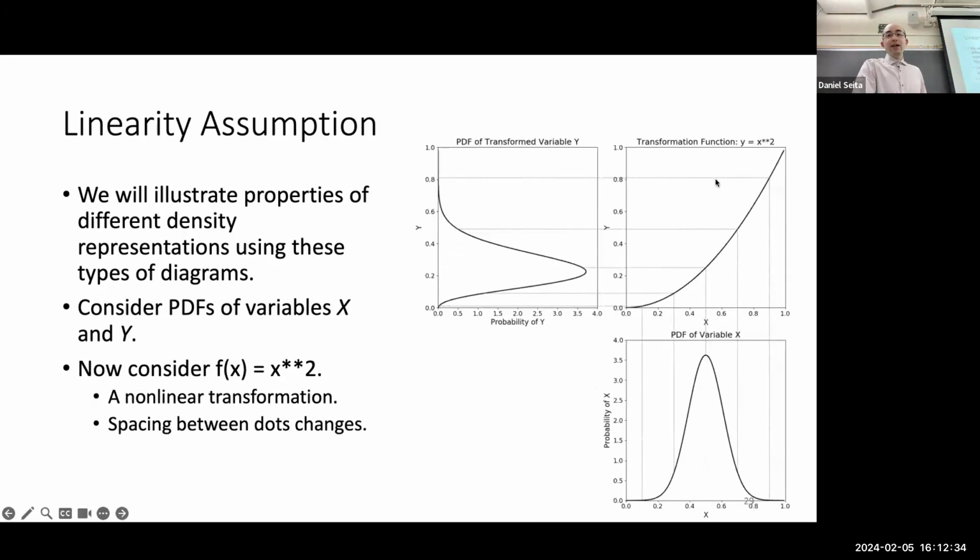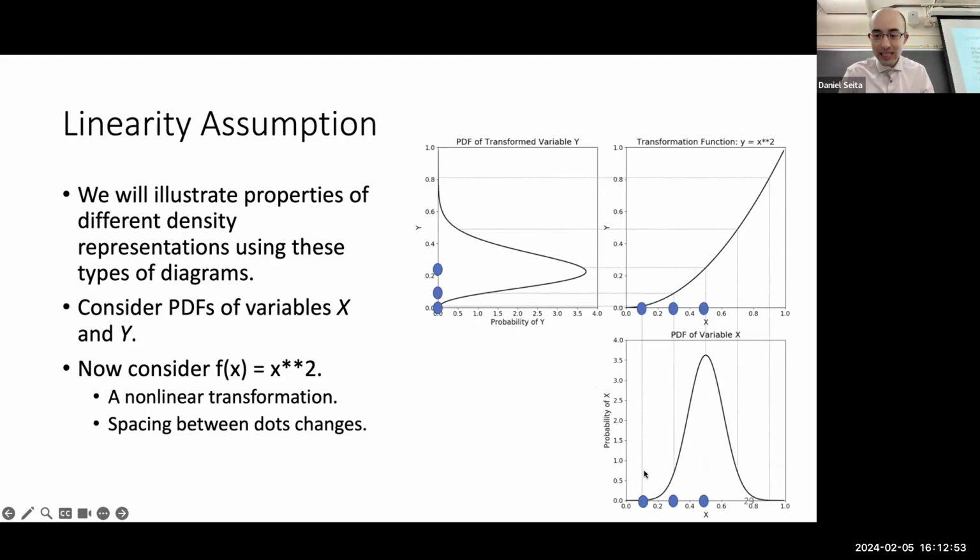If you have a nonlinear function like y equals x squared, then one way to think about it is that when you have different points of x and pass them through the function, their spacing will change as you plot them by y.